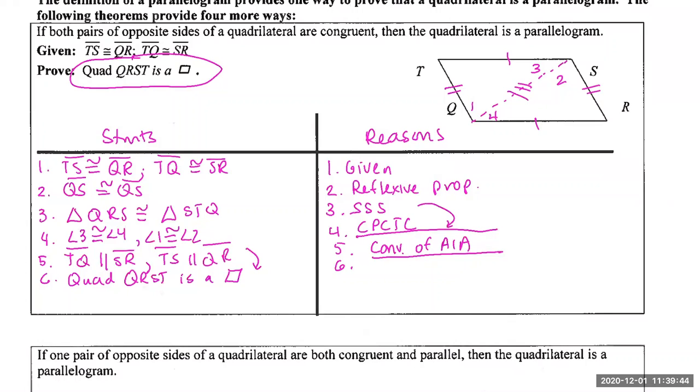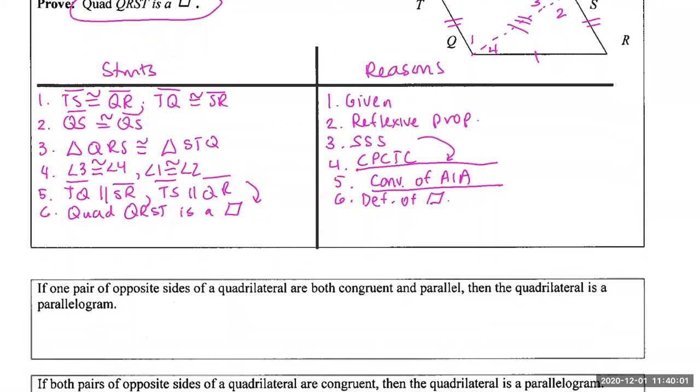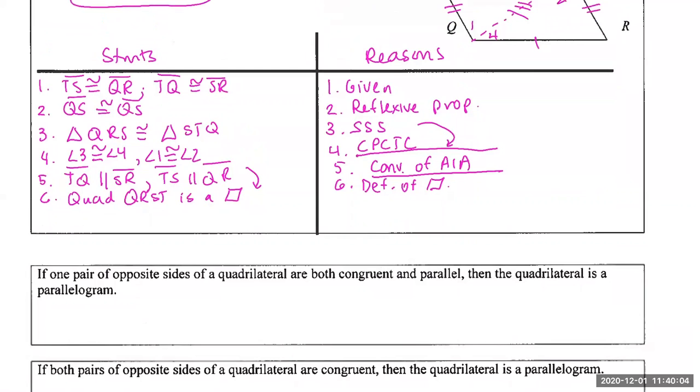So think of what we started this whole chapter with, right? The definition of parallelogram has the word parallel in it. So if the opposite sides are parallel, then you can conclude, very good, that by definition of parallelogram, that quadrilateral is indeed a parallelogram.